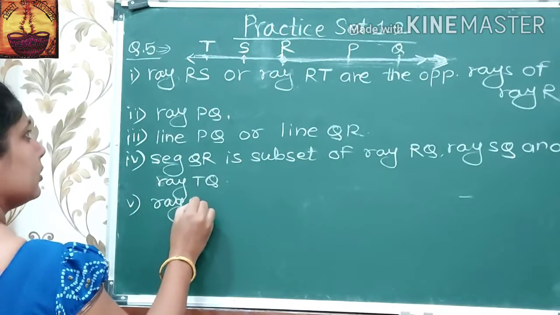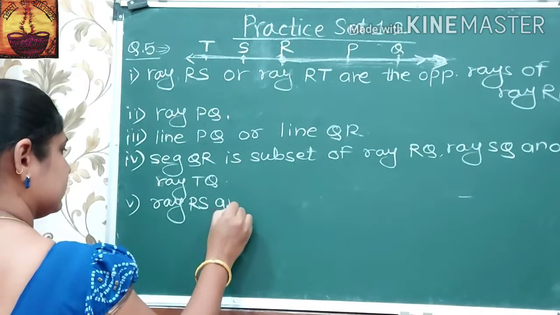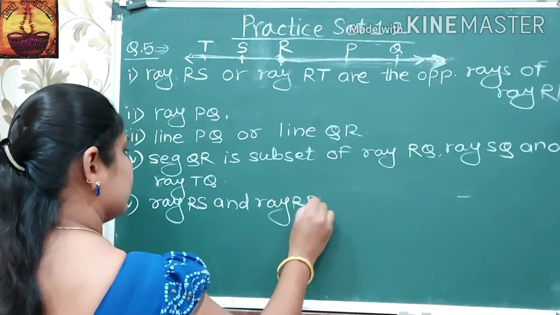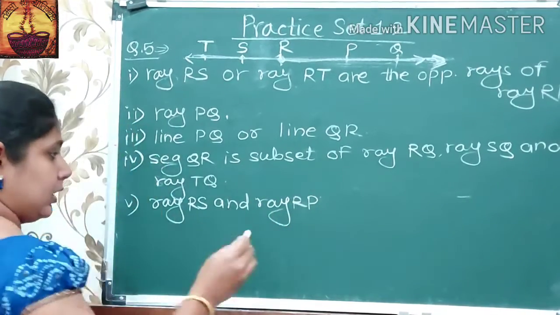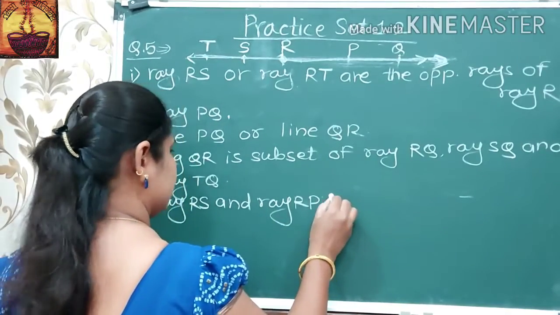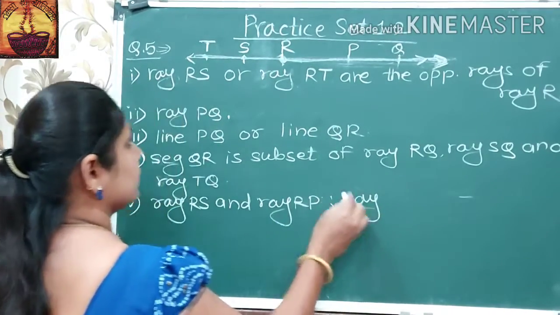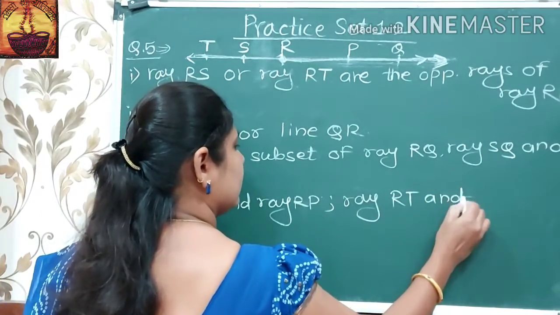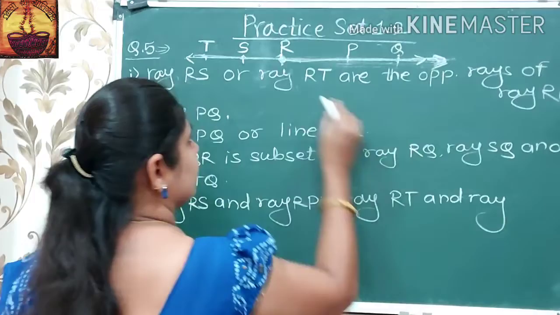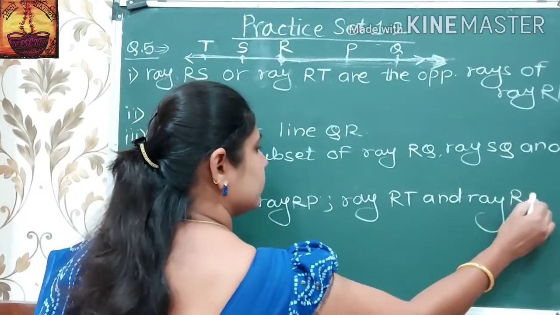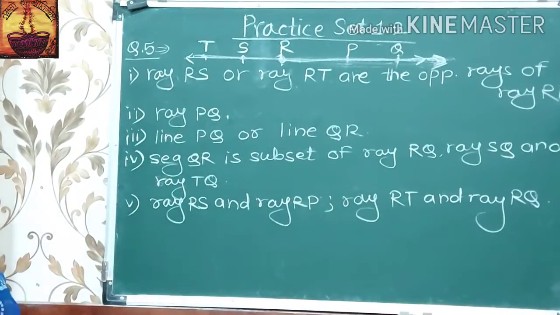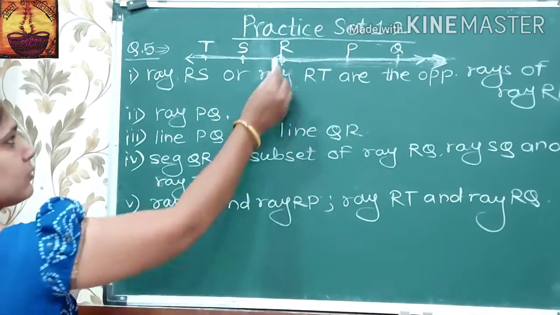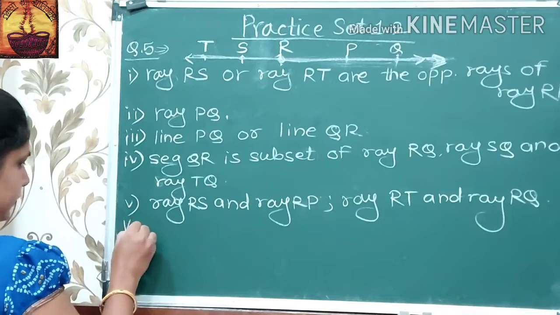Ray RS and ray RP, as well as another pair, ray RT and ray RQ. These are the pairs of opposite rays which start from endpoint R.